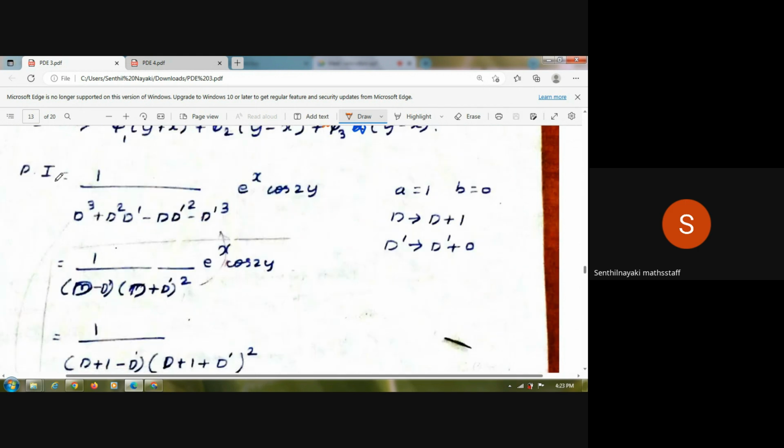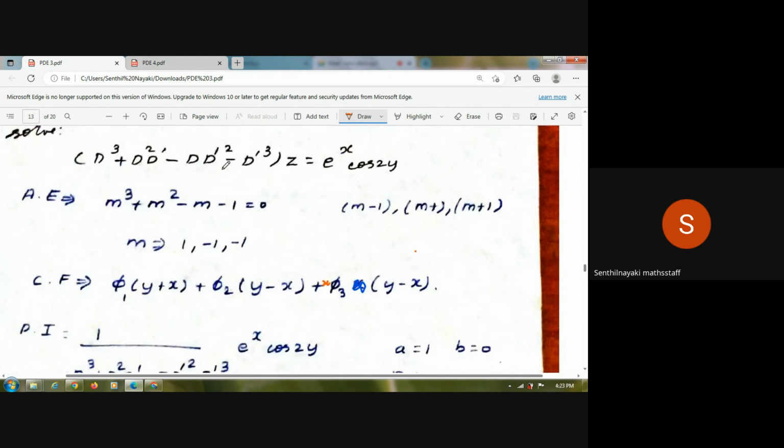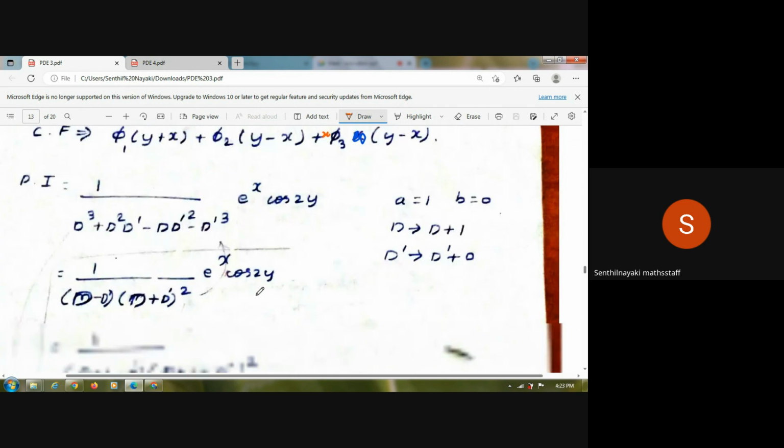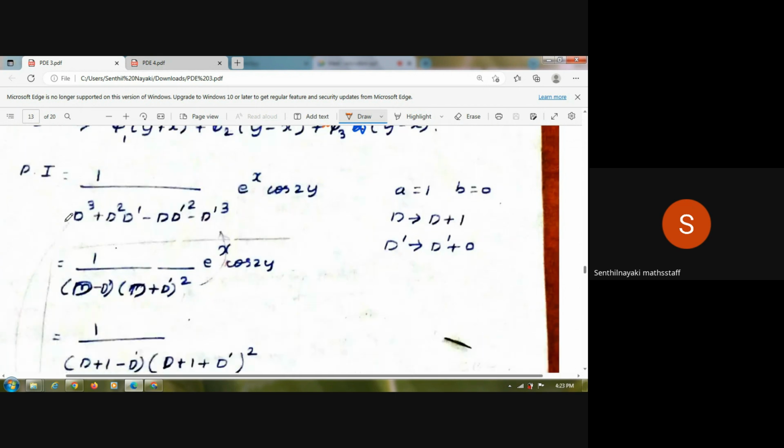Next we have to find out the particular integral. So 1 by d cube plus d dash d square minus d dash square minus d dash cube into e power x cos 2y. This term can be written as d minus d dash into d plus d dash the whole square.